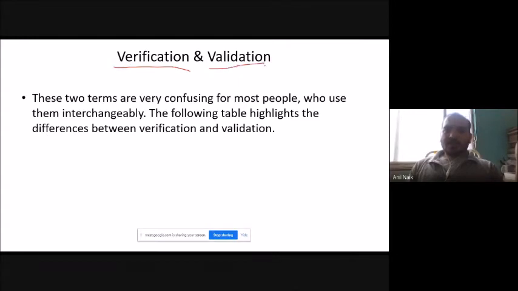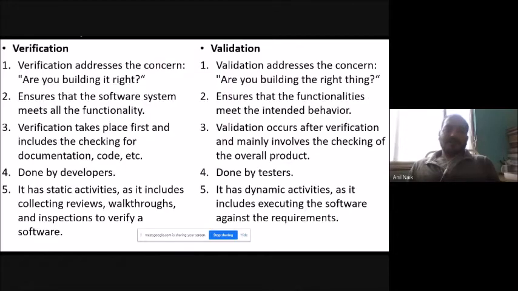So yesterday we discussed verification and validation. It is very important in software testing. These two terms are very confusing for most people, and we use them interchangeably. The following table highlights the difference between verification and validation.